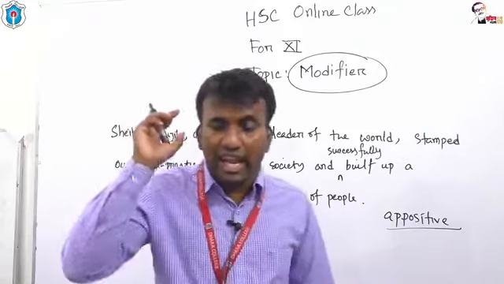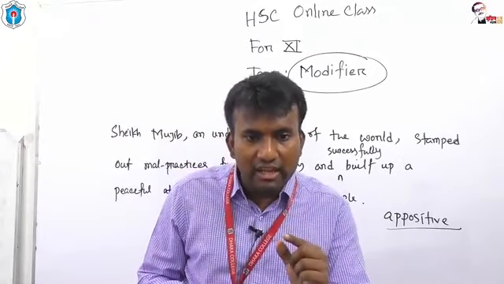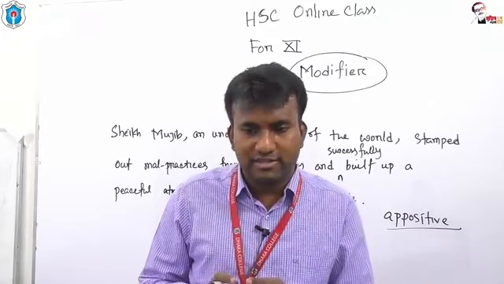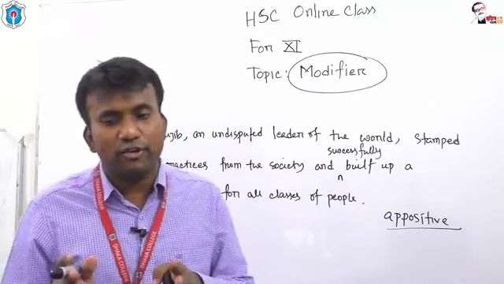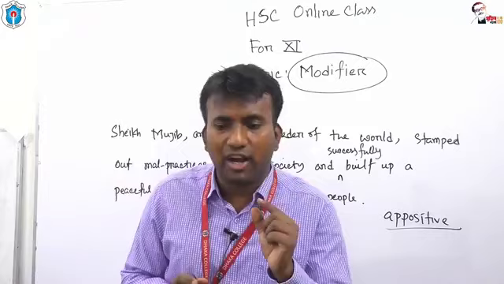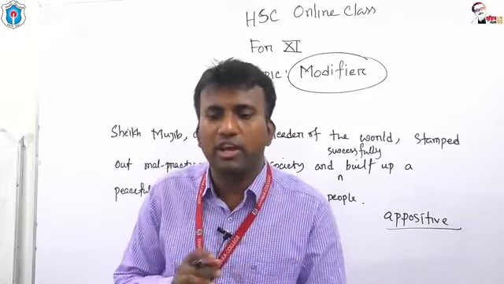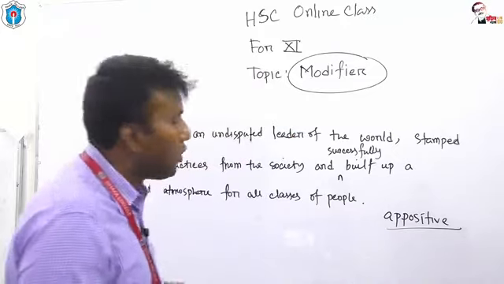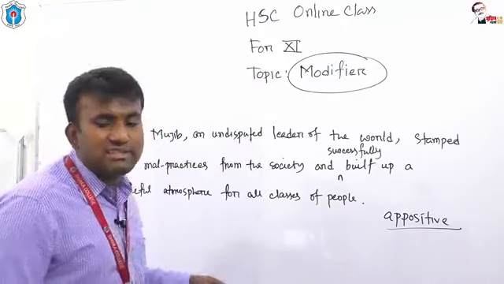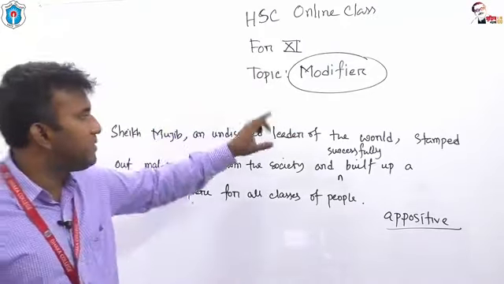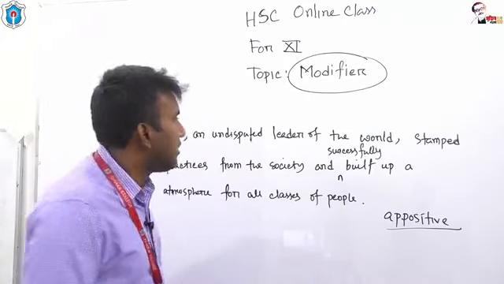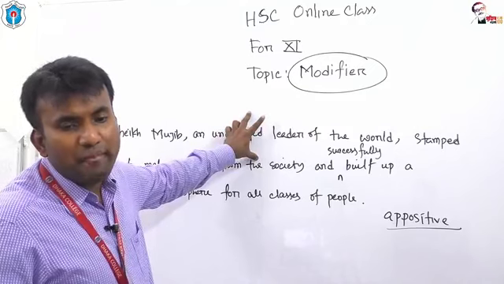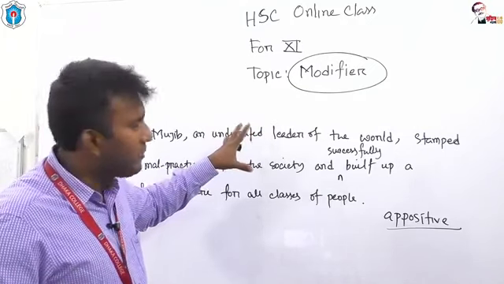If you get any extra information about a noun or noun phrase, and if this extra information doesn't start with a clause, this part will be called appositive, or case in apposition. So what is the appositive here? An undisputed leader of the world. The first modifier is an appositive. Okay, appositive. Clear to you?